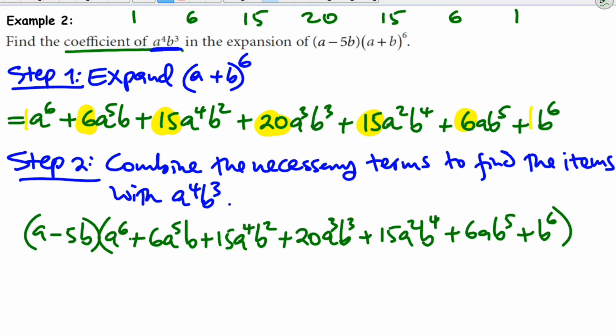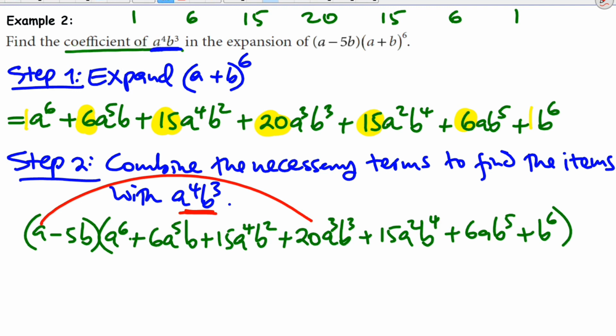Now remember here we are only interested in items with this term here. So maybe what we can do is by inspection find what we need to multiply to get that. For example, we can multiply a by 20a to power 3, b to power 3, which gives us 20a to power 4, b to power 3, which is what we're interested in.